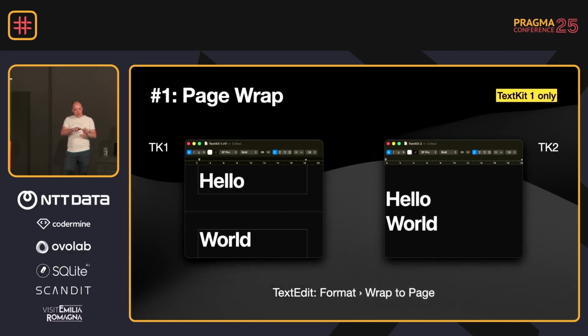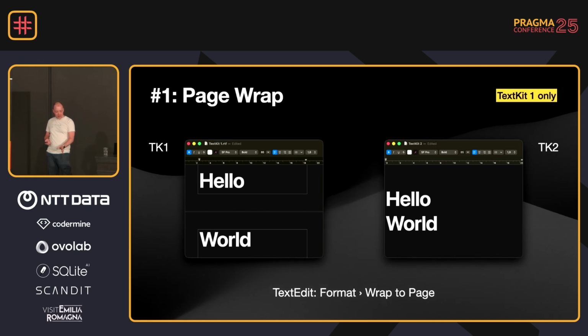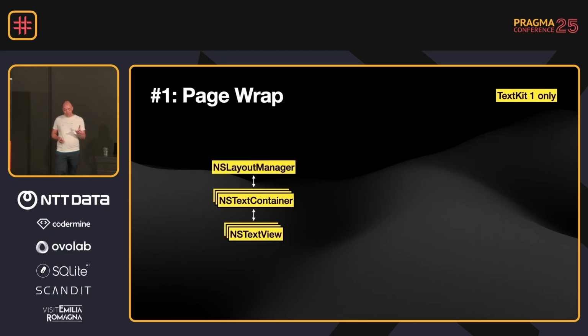But you can see there's a page and it's wrapped on pages. And this is only available in TextKit 1. So as soon as you open any document in TextEdit, and it opens as TextKit 2, and then you enable Wrap to Page, it dynamically falls back to TextKit 1 without telling you, of course. Why should it tell you? But we can use this, right?